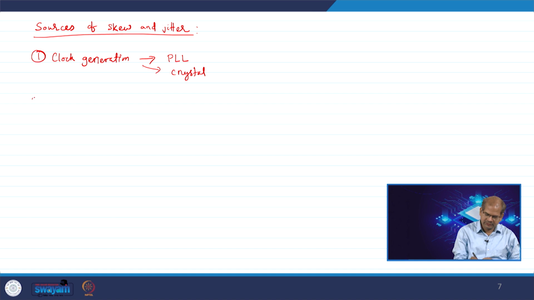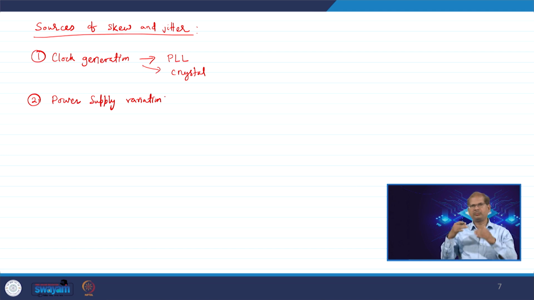The second one is basically power supply variation, your supply noise. If there is supply noise, it will come to your clock frequency, go to your clock generation circuit, and that will also create clock jitter.